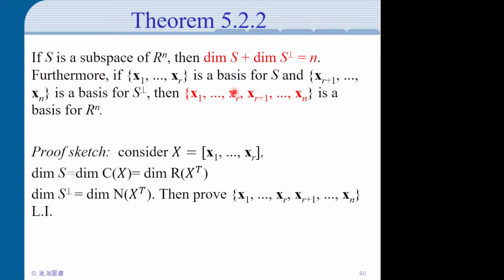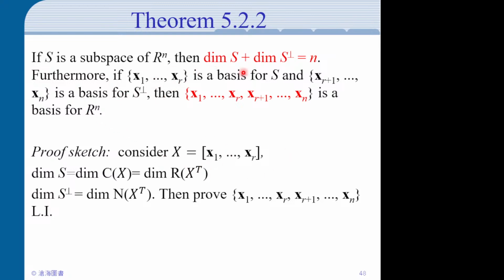And the proof sketch: the detailed proof you can check in the book, but I think now we want to keep the schedule a little faster, so here we provide just a little sketch. The sketch is that you want to use the previous theorem and rank-nullity. You try to put S and S dual as the column space and null space of a matrix. What's the matrix?